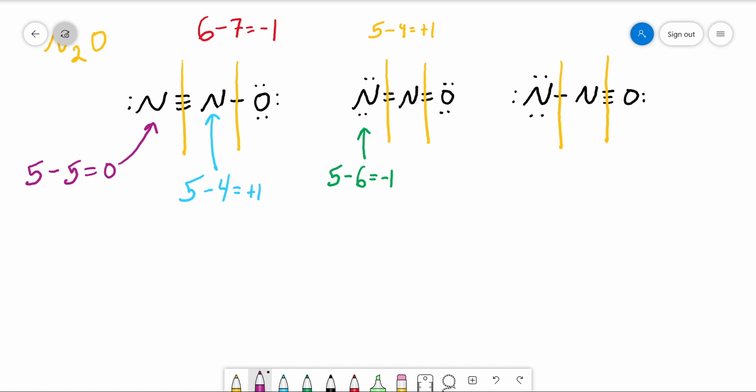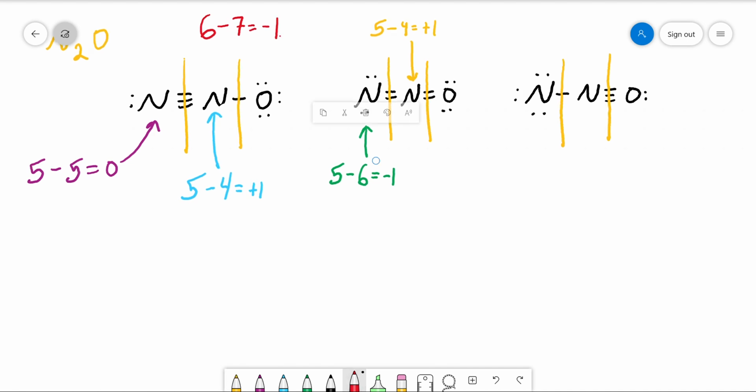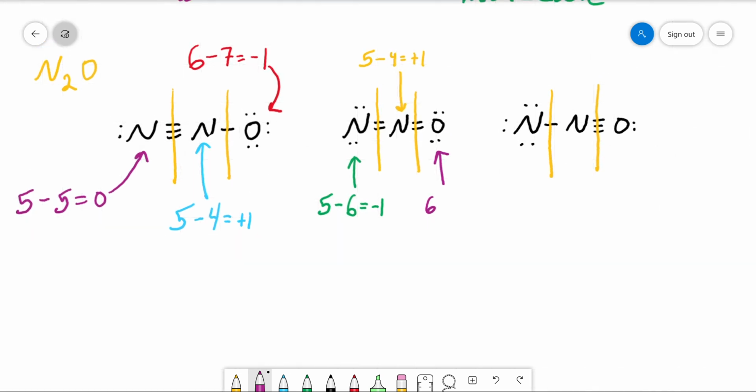And then the oxygen, oops, that was for that nitrogen there. Got to keep everything straight. Oxygen always has 6 valence electrons. Minus 1, 2, 3, 4, 5, 6. That gives us 0.